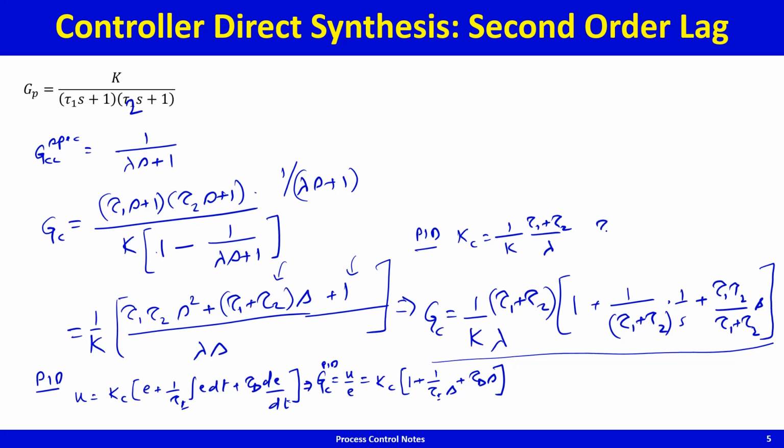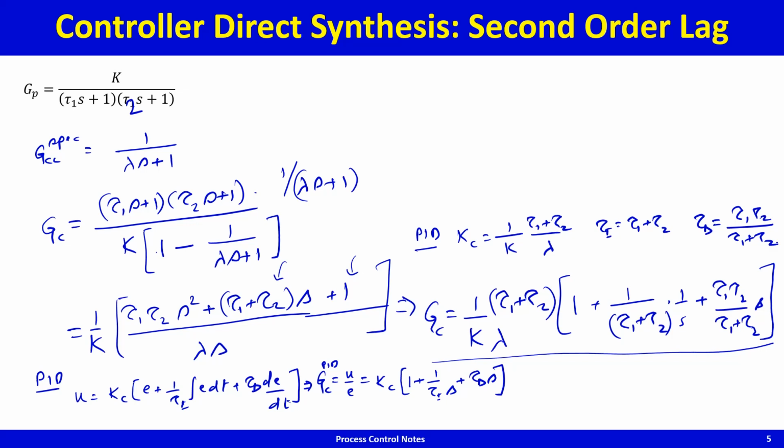We get tau I equal to tau 1 plus tau 2, and we get tau d equal to tau 1 tau 2 divided by tau 1 plus tau 2.